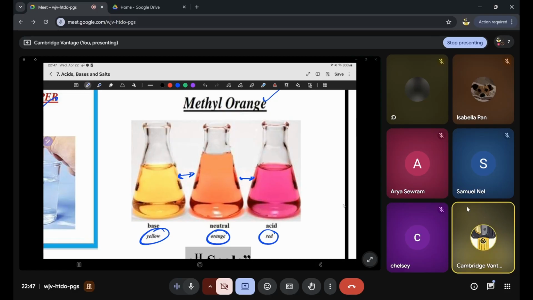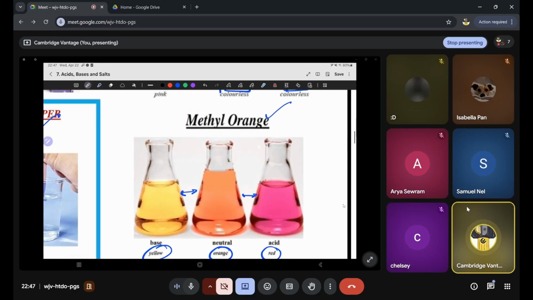But in the exam, if they do ask you what's the color of methyl orange in neutral solution, you will directly write orange. Regardless of how pinkish, how peachish it might look, you will just write orange. Same goes for the basic color, same goes for the acidic color. To be frank, the acidic color looks like it's pink or magenta, but in your syllabus, it states that in acidic solution, methyl orange is red. So that is the one that you should write as well.